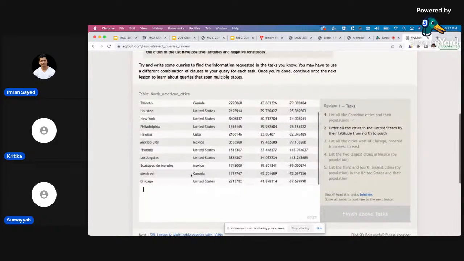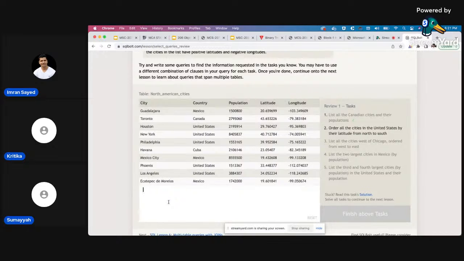Okay, let's see. So what do you want? Order all the cities in United States. So there'll be a where clause of United States, and what do we need? We need cities. Probably we need latitude also.